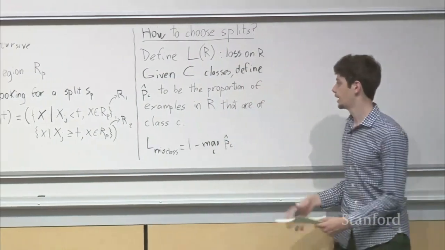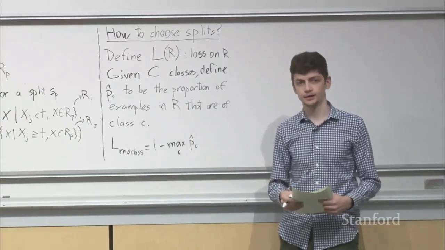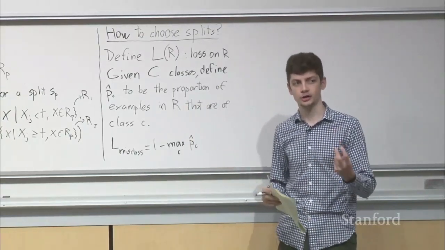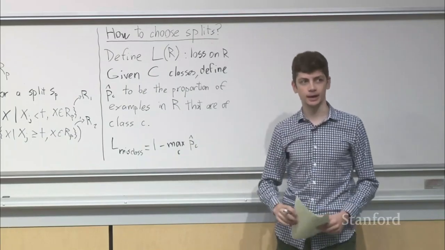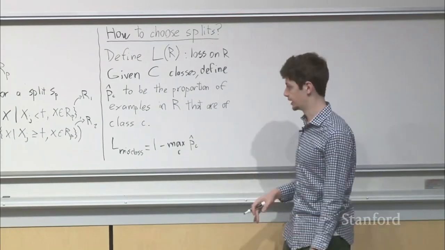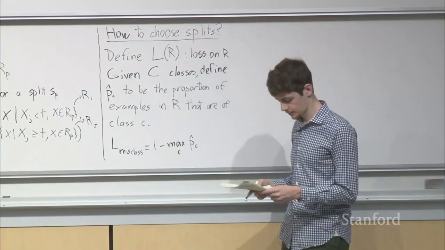And so the reasoning behind this is basically you can say that for any region that you've subdivided, generally what you'll want to do is predict the most common class there, which is just the maximum P hat C, right? And so then all the remaining probability just gets thrown onto misclassification errors, okay?